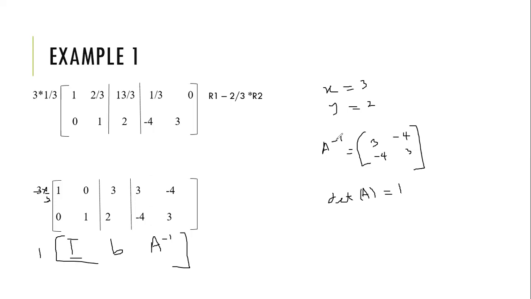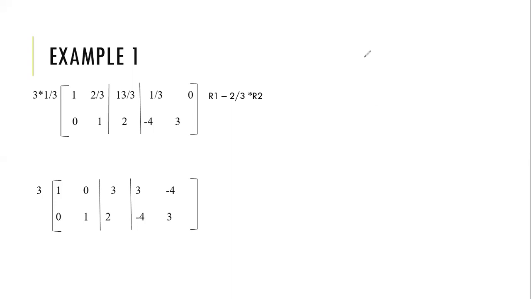But sometimes we may not be necessarily interested in the inverse and the determinant of the system. I may just ask you to solve it, and once you've been asked just to solve the system, then the focus is on the solution.